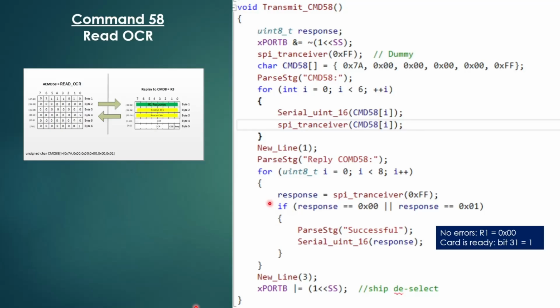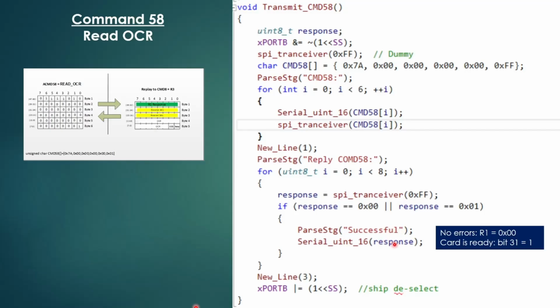So what I do here as a response is I say I'm going to send the command and read the reply 8 times. During that period, I should get at least 1 response for the 0. So I say successfully, and I put the response, which would be 0, 0. I also expect that I'm going to get a response for 0, 1, which is going to be successful 0, 1.